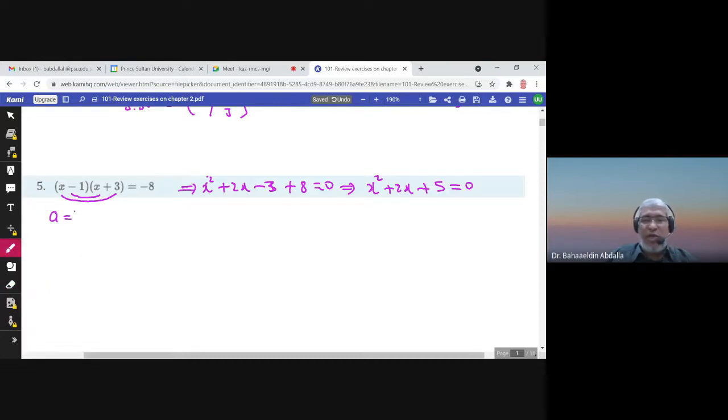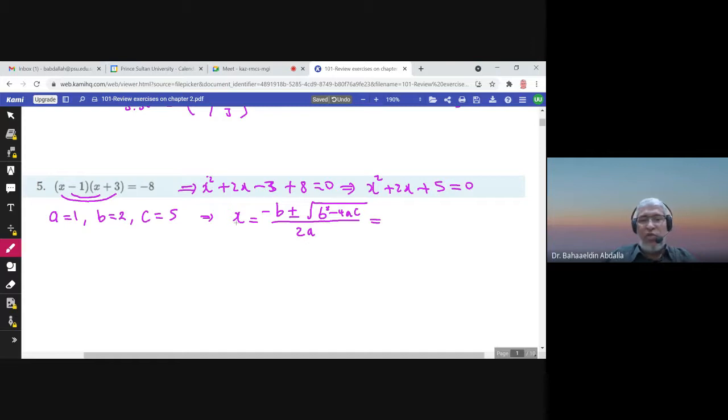So a is 1, b is 2, c is 5. And the quadratic formula says that x, the solutions of this equation, is given by -b plus or minus square root of b squared minus 4ac over 2a.